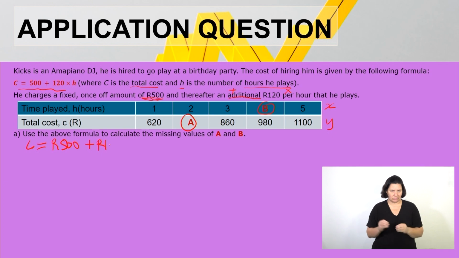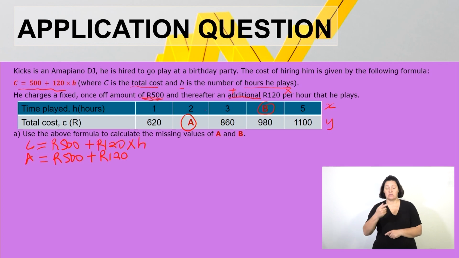We're going to substitute and get the answer. Multiply by H. So let's substitute. We say 500 plus 120. Remember, we are looking for A, so we're going to use that value over there, which is multiply by 2 hours.